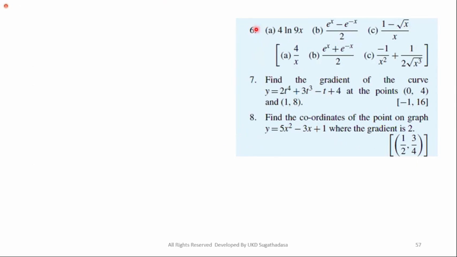Now there are some more questions: 6, 7, 8. 6a, simple. Now these questions are exponential and log functions. Remember ln x differentiation is 1 upon x. Very simple. The constant here, ln 9x, whatever the constant, ln ax differentiation is 1 upon x.